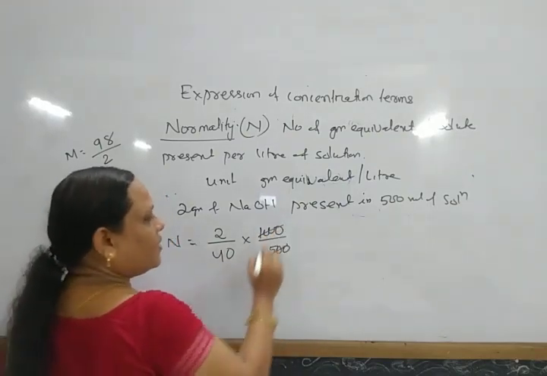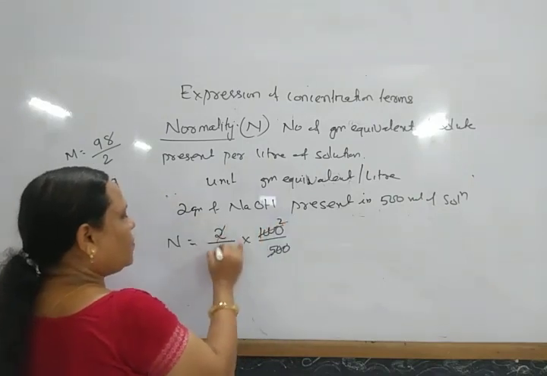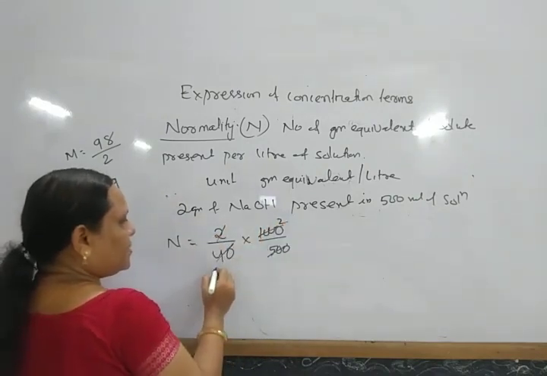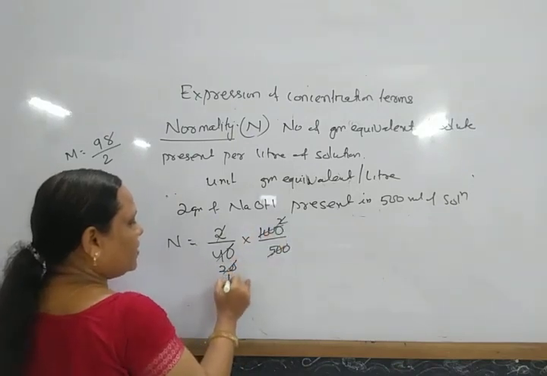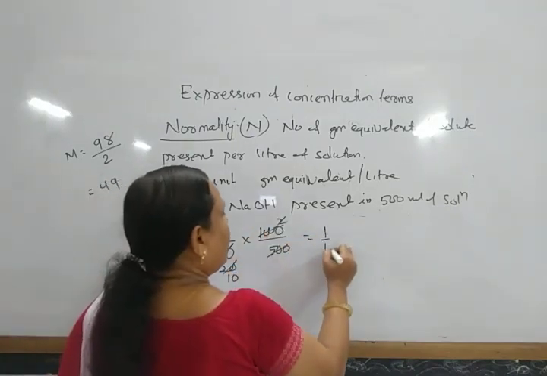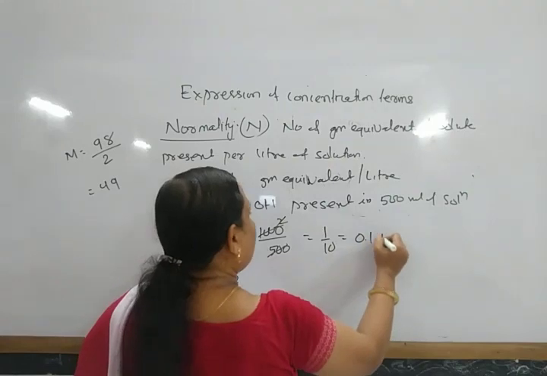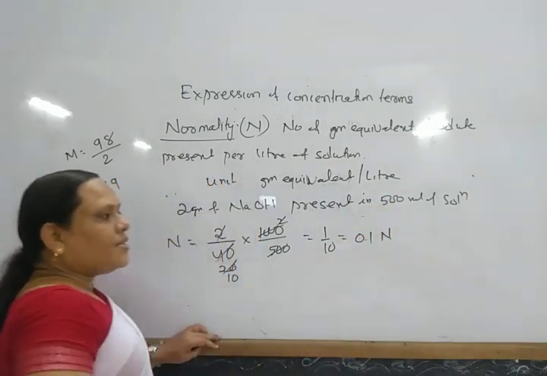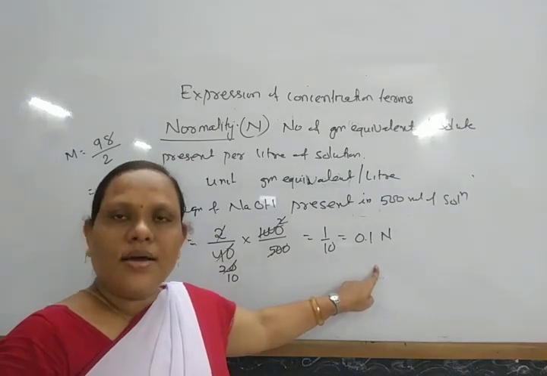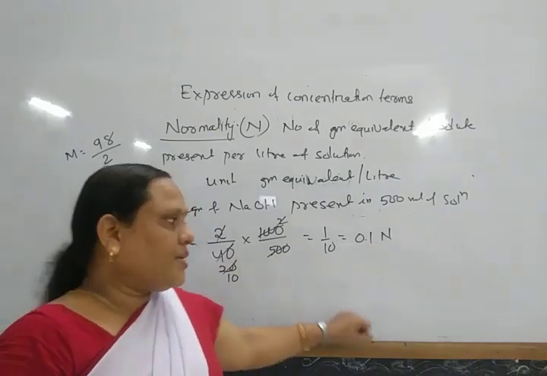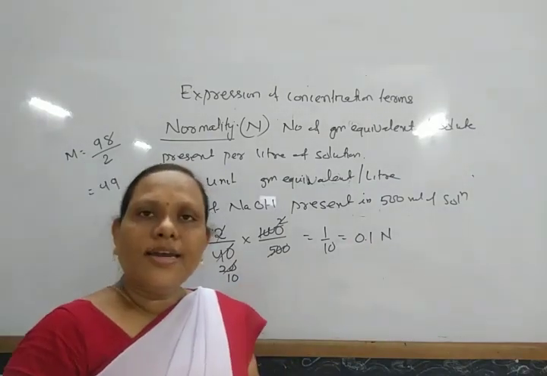So 500 and 1000 cancel to 2, and 2 and 40 cancel, that is 20, and 2 and 20 again gives 10, 1 by 10, that is 0.1 normal. So the normality of the solution is 0.1 gram equivalent per liter or 0.1 N.